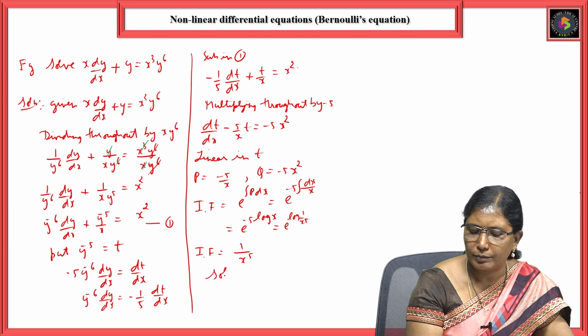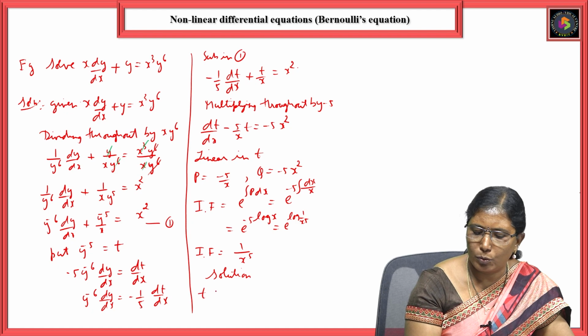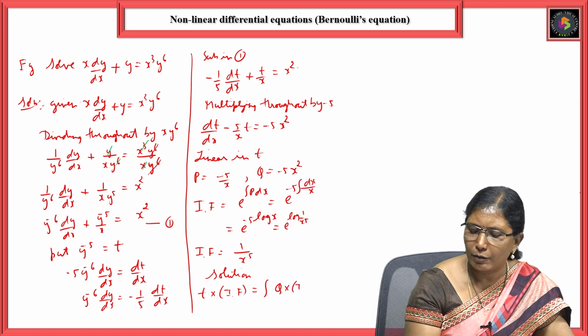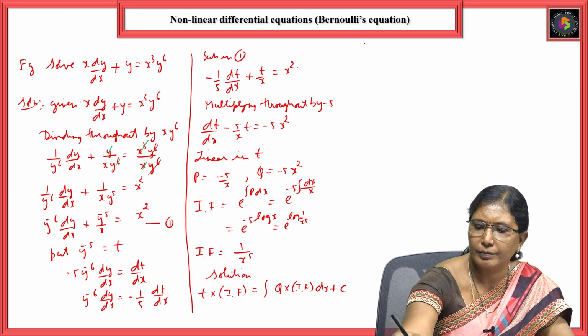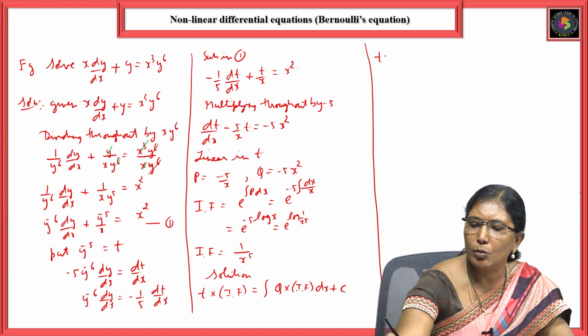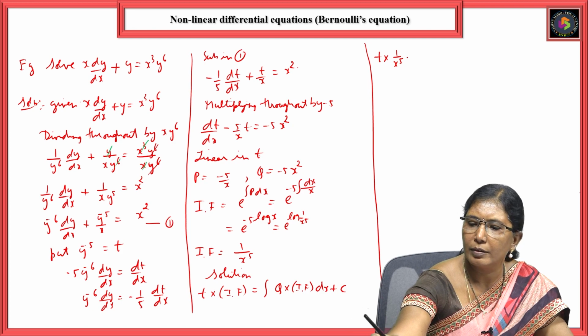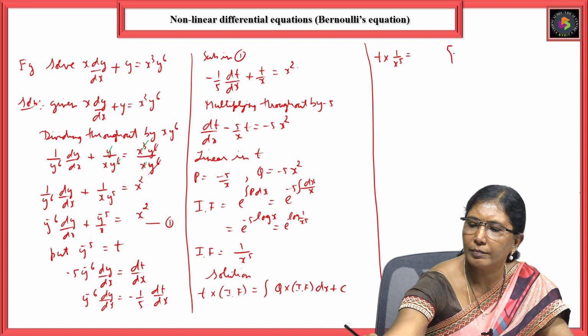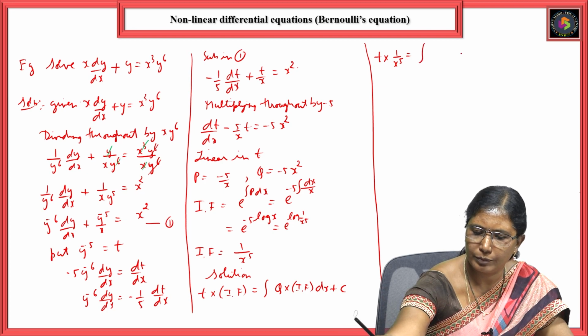So what is the solution? Since it is linear in t, the solution is t into integrating factor is equal to integration q into integrating factor into dx plus c. So what do you get here? t into, what is the integrating factor? 1 by x to power of 5 is equal to integration. What is q?